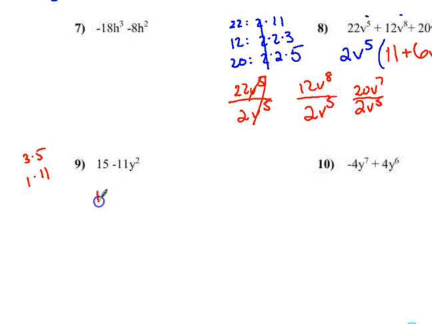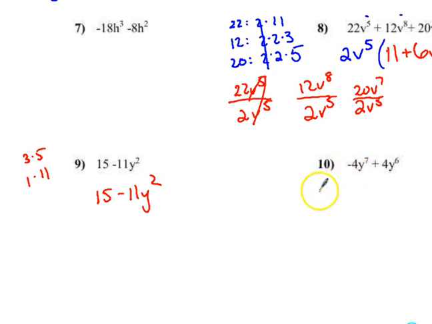So this one is 15 minus 11y squared. Obviously this is your favorite because there wasn't anything to do. These are fewer than we are going to see, but I did want to show you in case it does creep up that sometimes they have ones that are already factored.